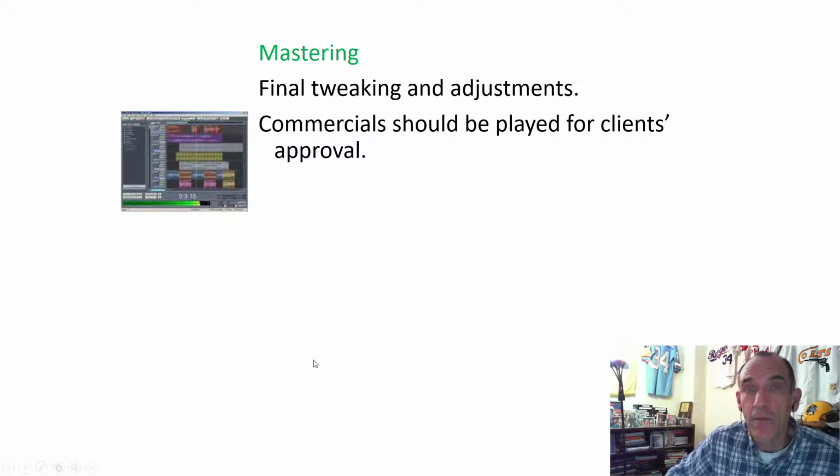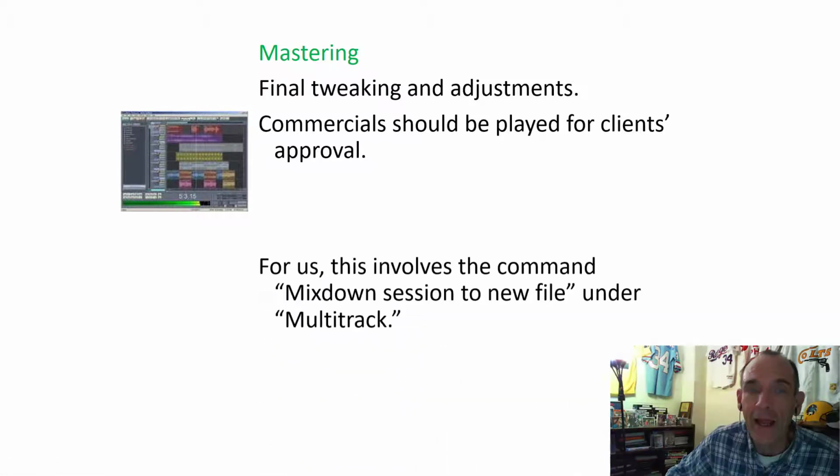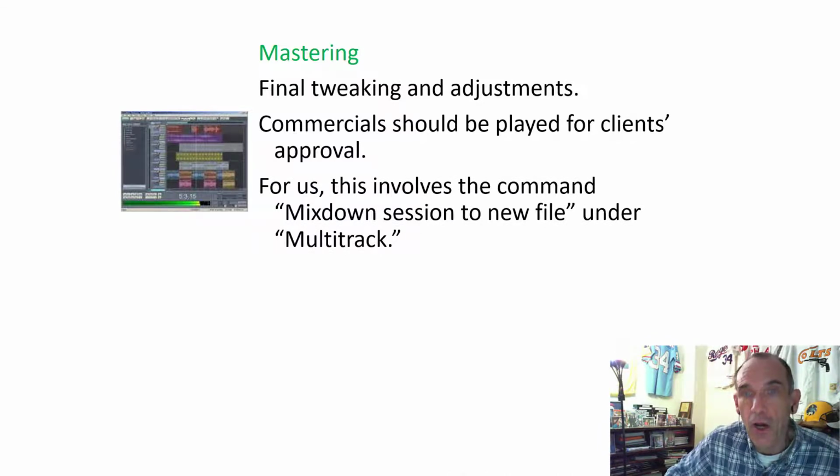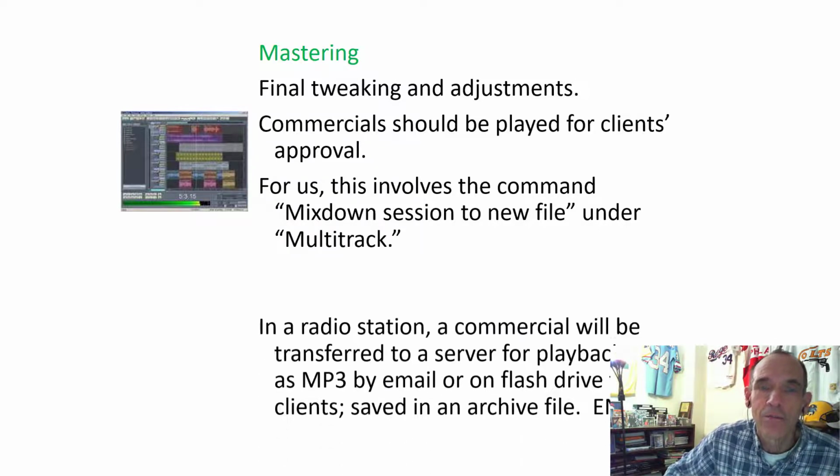That's the last step, and that's the mastering. Then the final tweaking and adjustment is getting it ready to play for the client. And as you know, for the mix down, then you mix down session to new file under multi-track, and then there may be some final things that you do, again, in the effects area, tweaking and adjustments, just to get it just almost perfect, if not perfect.